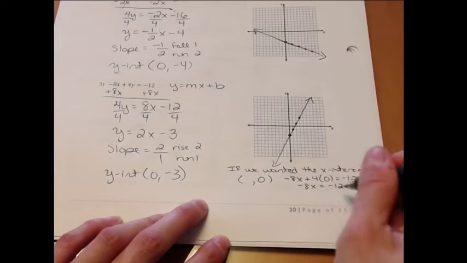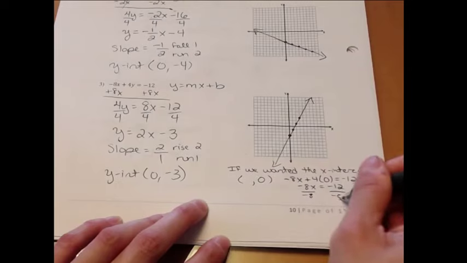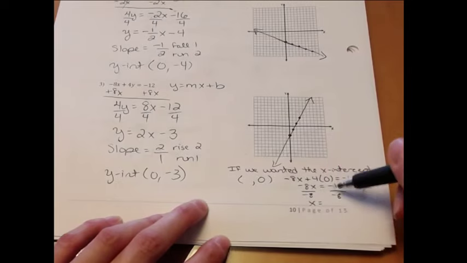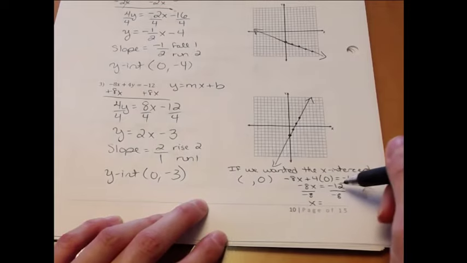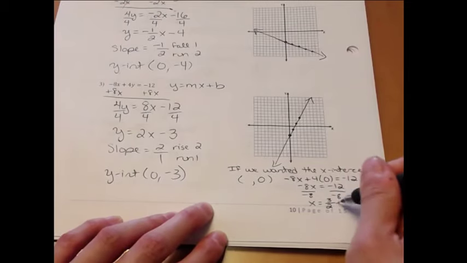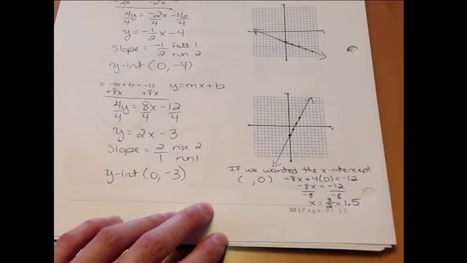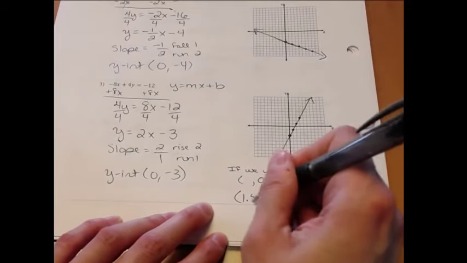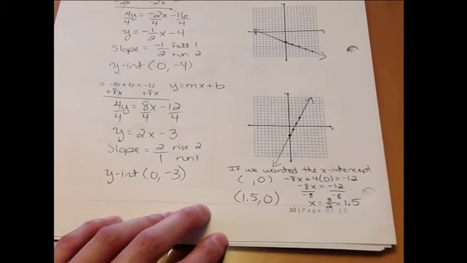If I divide both sides by negative 8, I get x is equal to, and by the way, these are positive, if we divide both the numerator and denominator by 4, then we get 3 over 2, which is the same as 1.5. So the x-intercept is exactly what we thought it was, (1.5, 0). And here's the proof. We plugged in a 0 for y, we calculated x, and therefore we found the x-intercept.